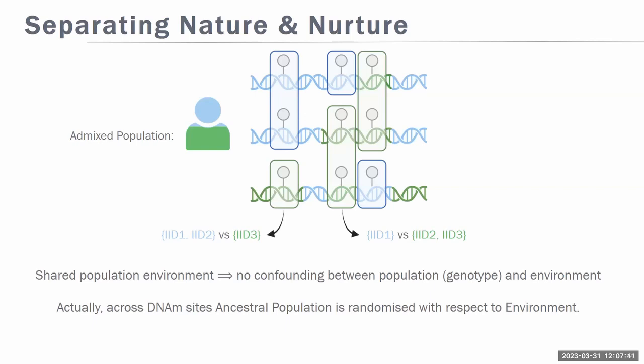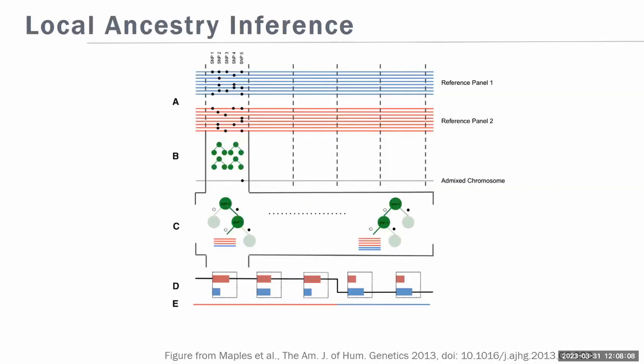But as you go along the genome, the environment is entirely randomized with respect to the ancestral genotype, because which bit of the genome is inherited from which ancestral population is entirely random for each individual person. So the only thing we really need is knowing which bit of the genome in each person comes from which ancestral population.